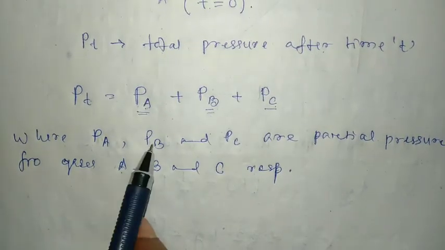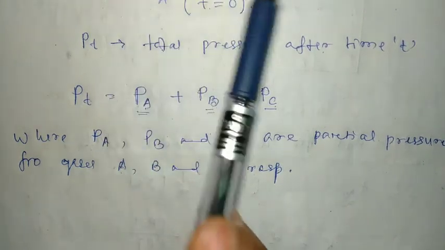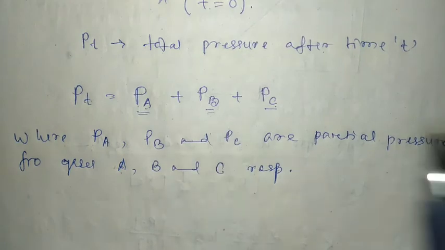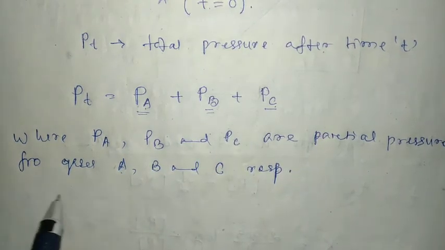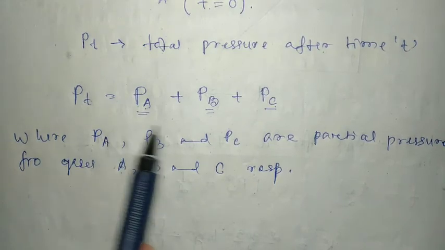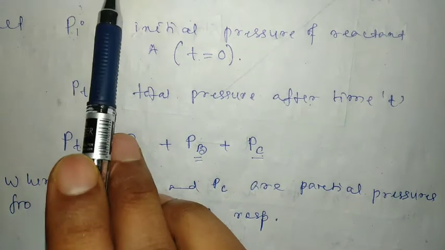So PA, PB and PC are the pressures of gases A, B and C after time T. So let us now consider that after time T, the pressure of gas A decreases by X.